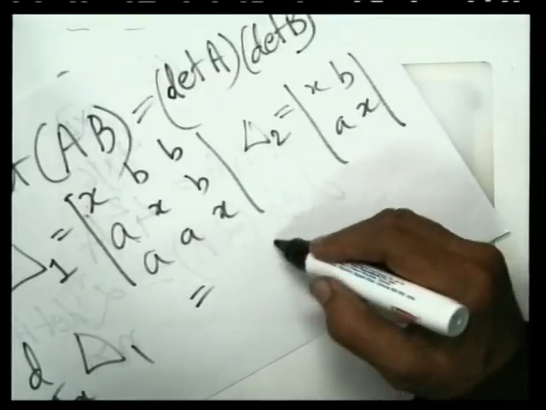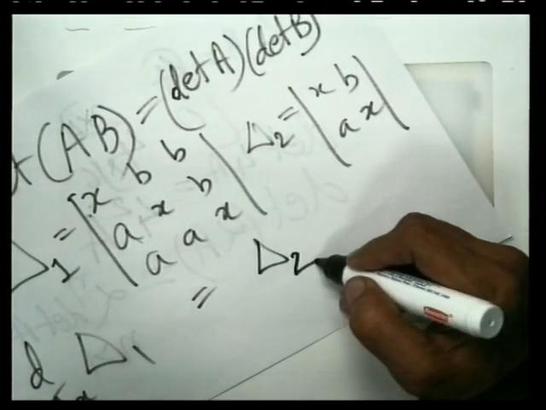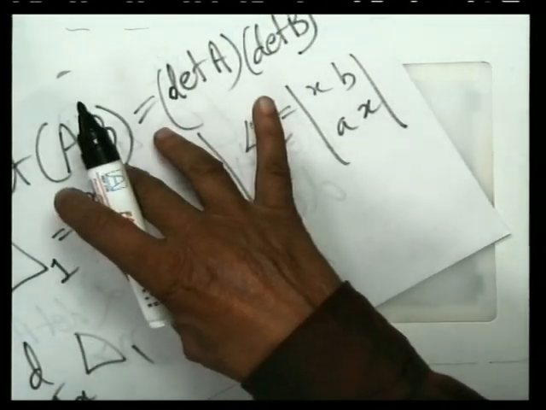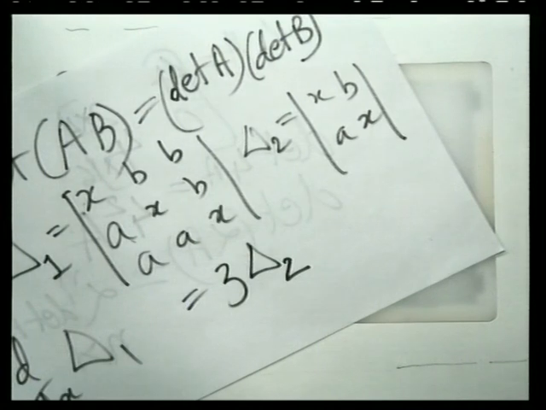Let us find the derivative of delta 1. Here is a 3 by 3 matrix determinant, here 2 by 2, and you see that d/dx of delta 1 is nothing but 3 times delta 2. That's also a beautiful property one can see.